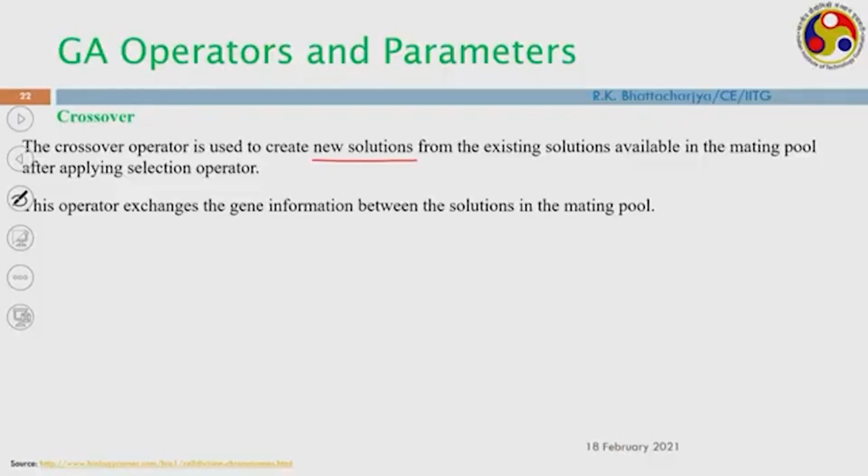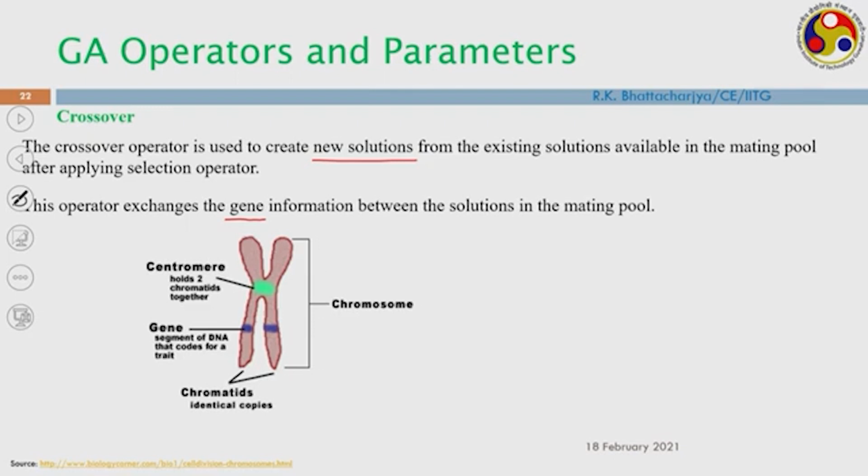This operator exchanges the gene information. I will explain what gene information is. As of now, we have not seen any gene information. So, this operator exchanges the gene information between the solutions in the mating pool.